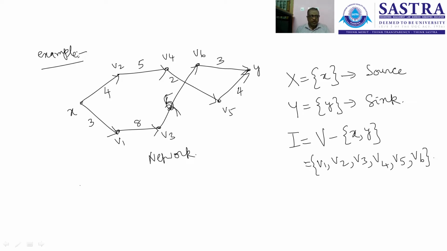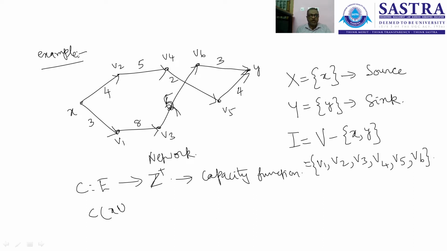Now I have defined a function C from the edge set, or the arcs, to the set of positive integers. This is called the capacity function. If you look at this, the capacity of the edge X V1 is 3, that is, I can push only 3 units from X to V1.